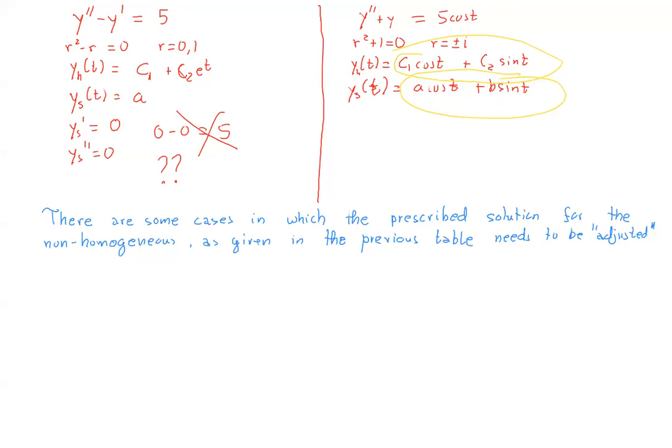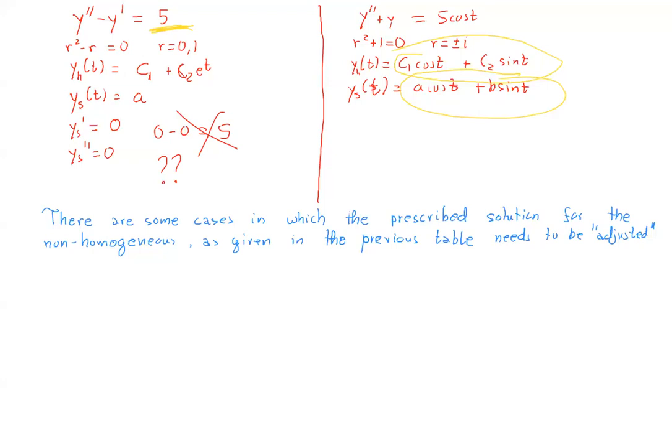Let's take the two examples that I gave you where our method breaks down. When you look at the function 5, we said that so far on the right-hand side, we put only functions that could have been solutions of the homogeneous equation. The question is, what root of the auxiliary equation would have triggered the solution 5?